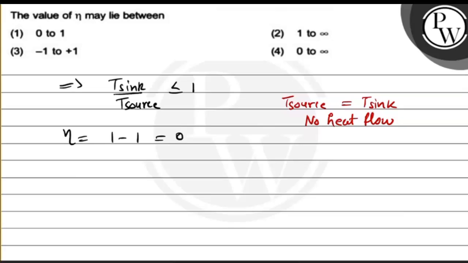The other case we have again T sink over T source, right? So now let's see what are the extreme cases for the temperature. The temperature could be 0, correct? Let's say the minimum temperature of sink could be 0 Kelvin, right?